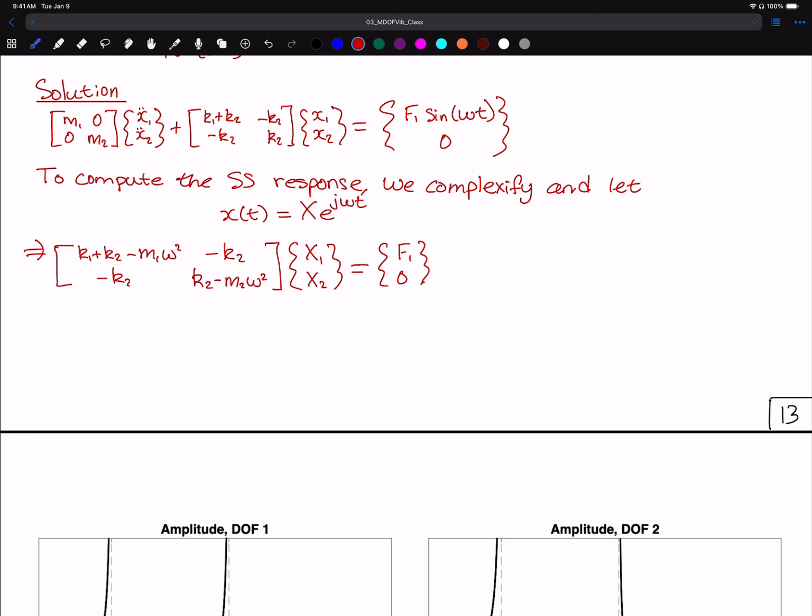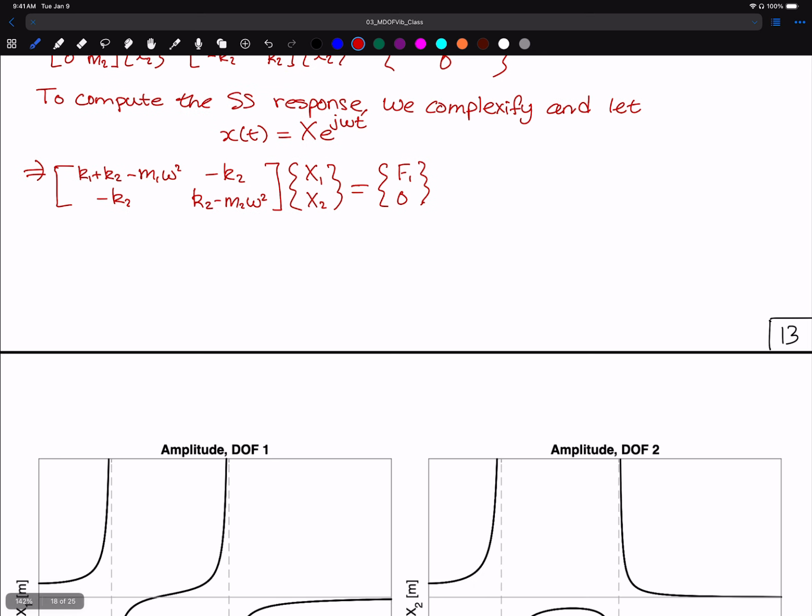From here, we can do what we said before and solve for x1 and x2. We're going to skip the algebra, and I'll write that out for you. We'll get x1 equal to a big fraction. We'll do the denominator first.